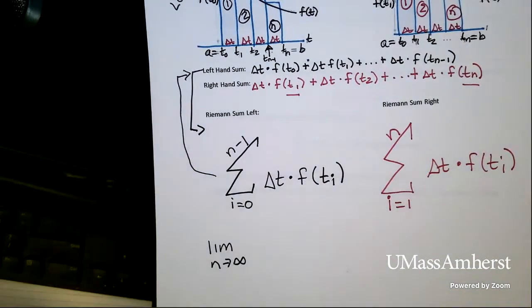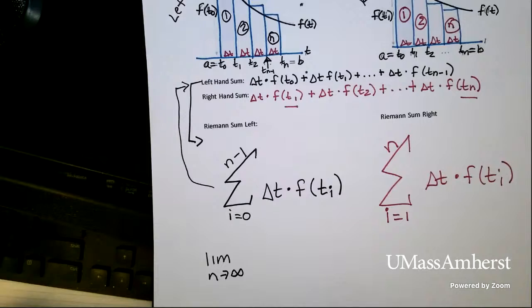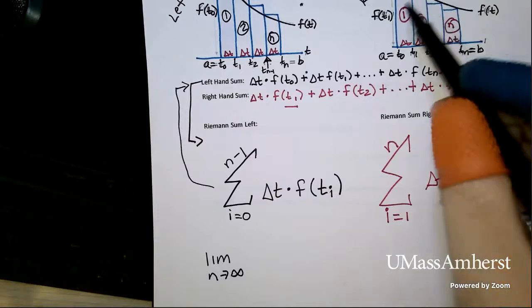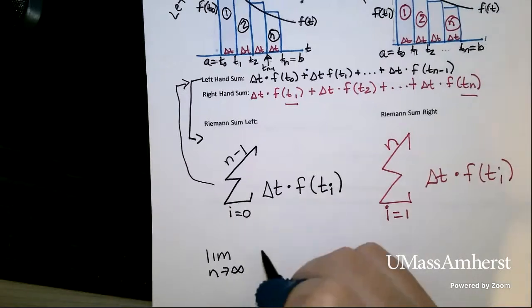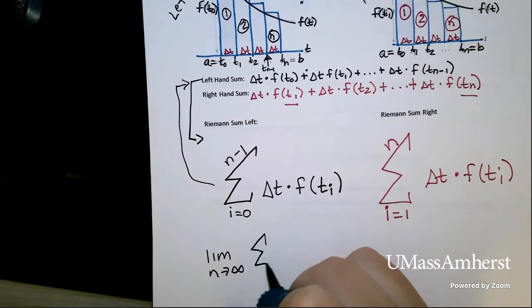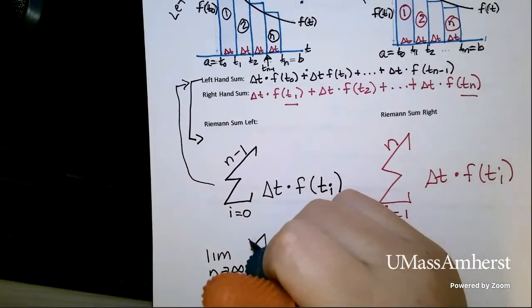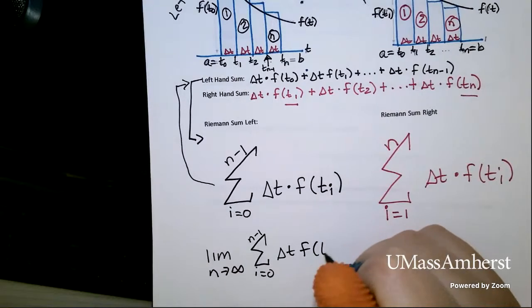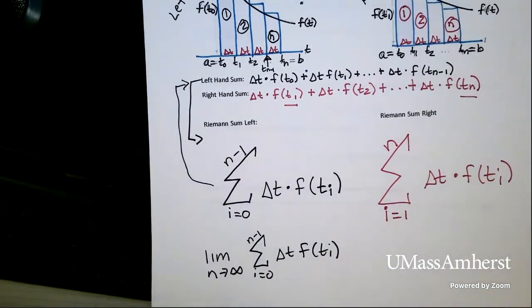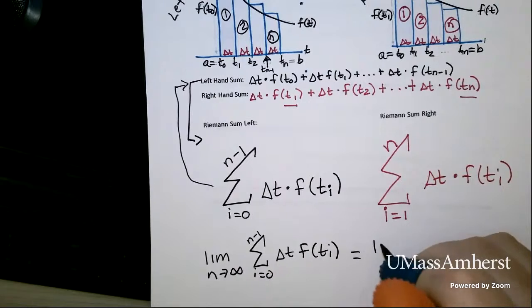If we let n go to infinity, so we're putting in 16 rectangles, then 32, then 64, then 100. So we're letting n get bigger and bigger. We're packing in more and more rectangles. That means the width is getting smaller and smaller. What will eventually happen is that the underestimate will come up, the overestimate will come down, and eventually they will be the same.